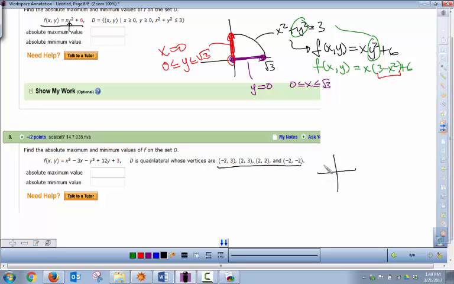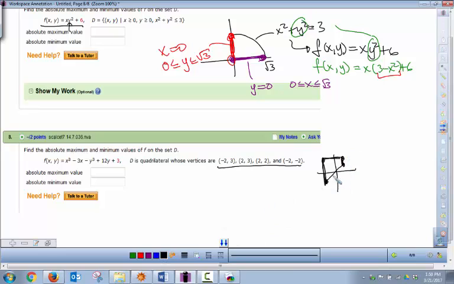This one over here, we have vertices -2, 3, 2, 3, 2, 2, and -2, -2. Well, that sucks. So this one is trickier because now you have 4 sides, and 3 sides that you can express with either x is equal to something or y is equal to something.